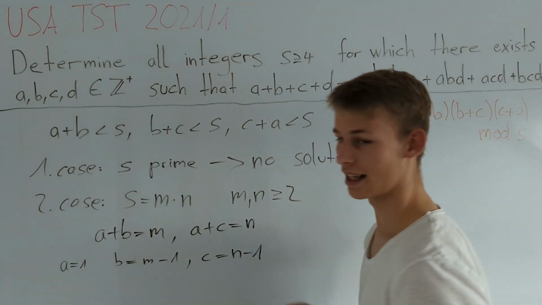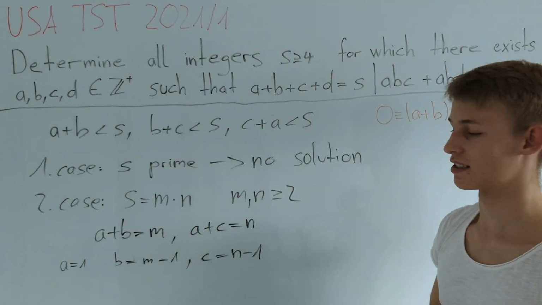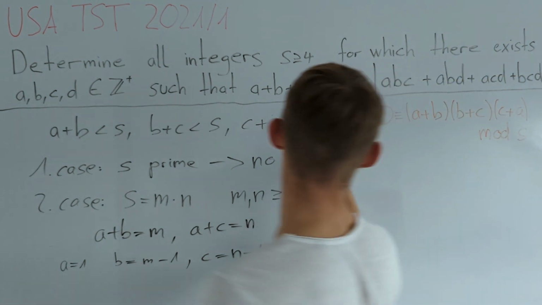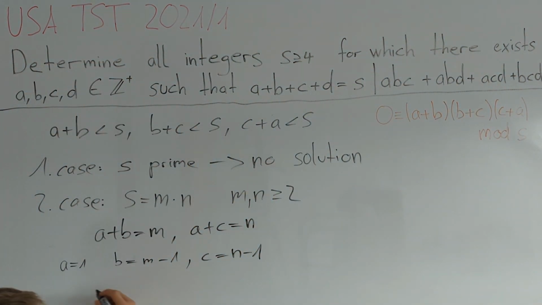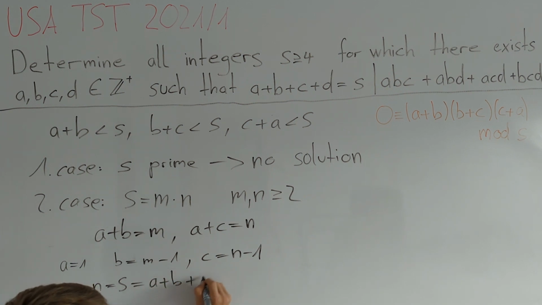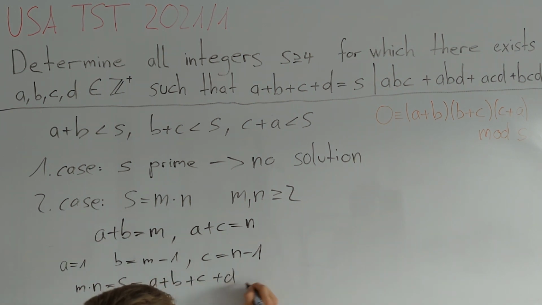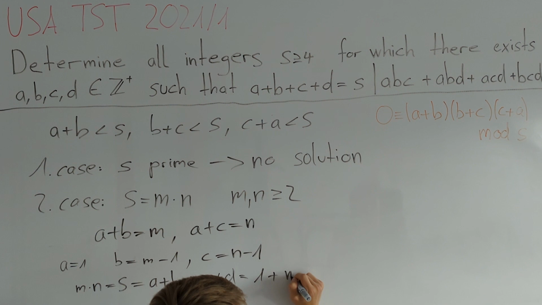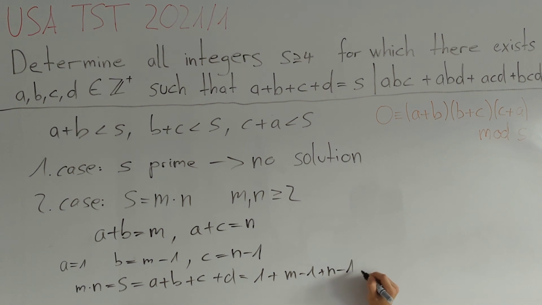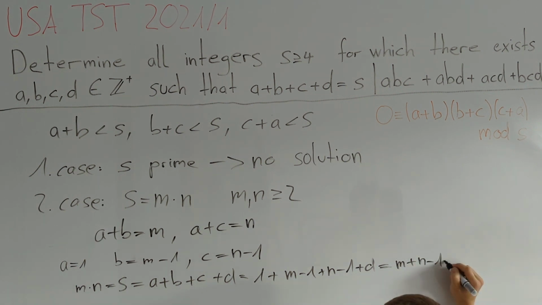Okay, and now the last thing we have to prove is that d is also a positive integer. Therefore, we can use this equation here that m times n is equal to s is equal to a plus b plus c plus d. This is equal to 1 plus m minus 1 plus n minus 1 plus d, and this is equal to m plus n minus 1 plus d.